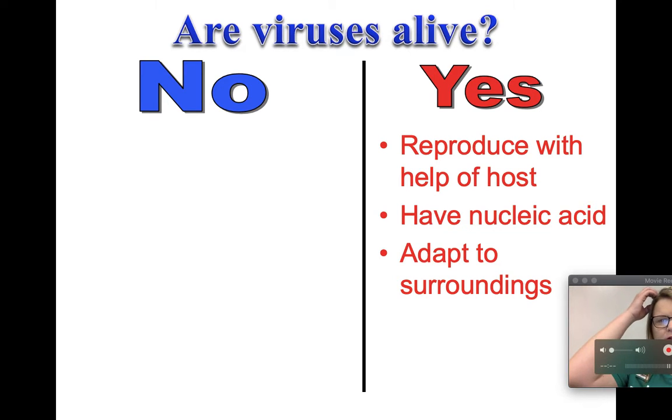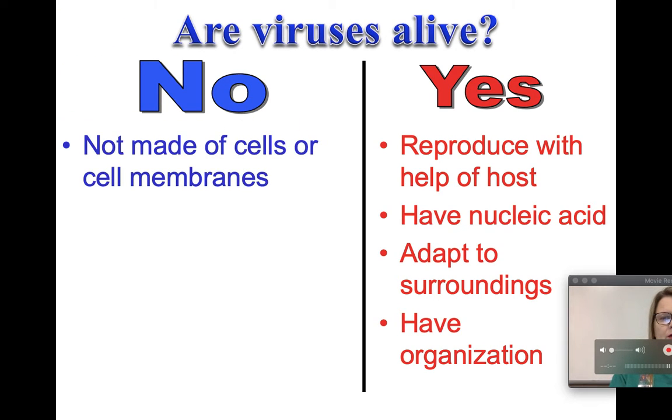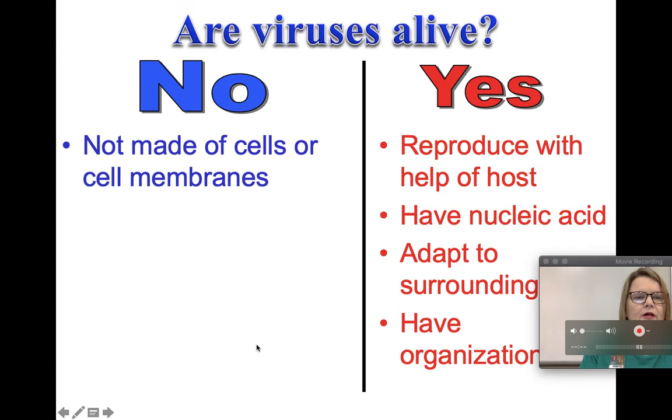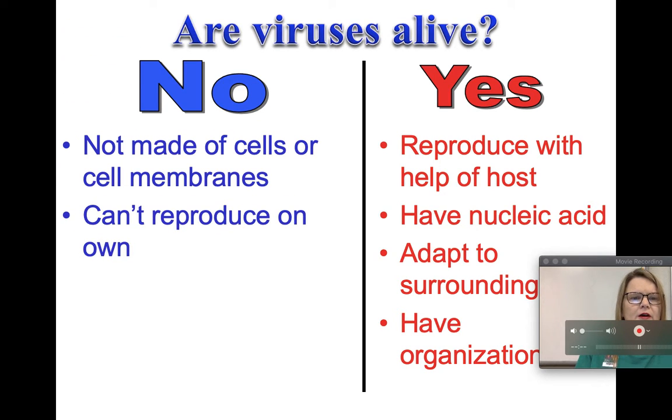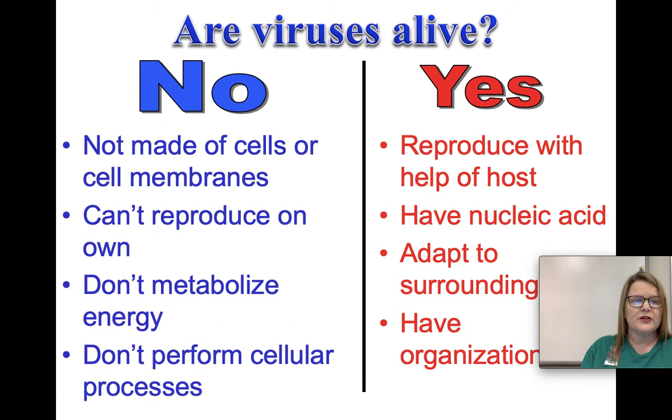So those are some things that can signify something being alive. Having organization. However, they are not made of cells or cell membranes, which is one of the characteristics of life we learned at the beginning of the year. They can't reproduce on their own. They don't metabolize energy. They don't perform cellular processes.